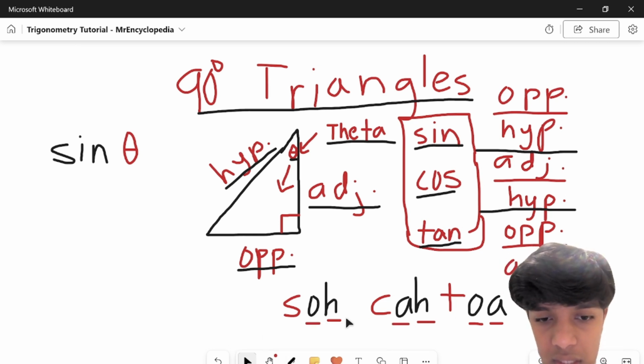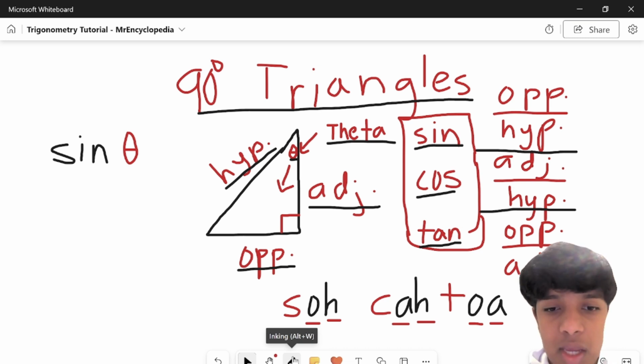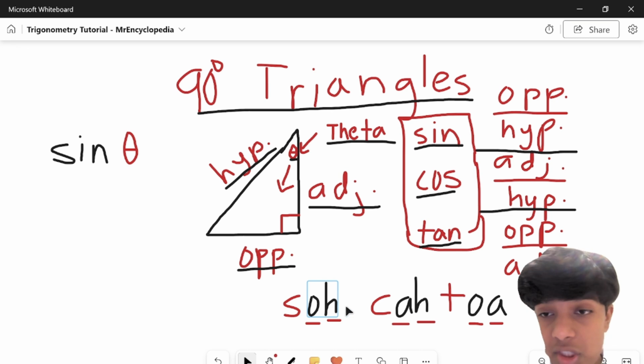Now let's talk about the acronym for each one so that you can memorize them clearly. Here we have written SOHCAHTOA.